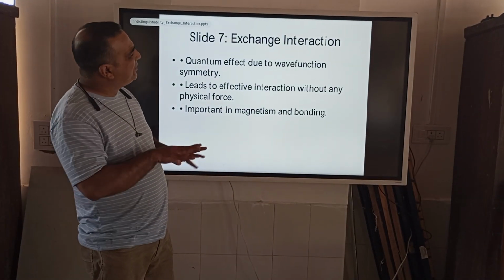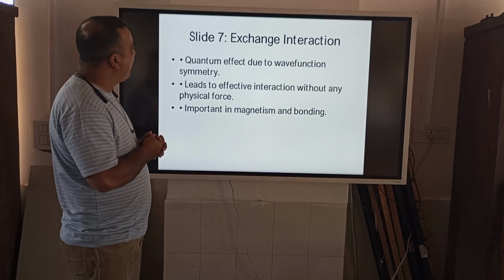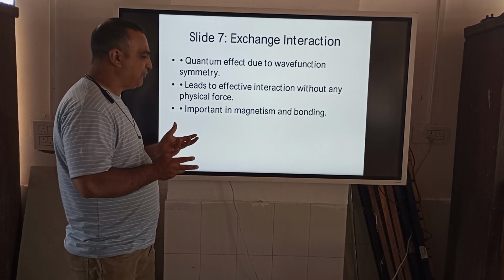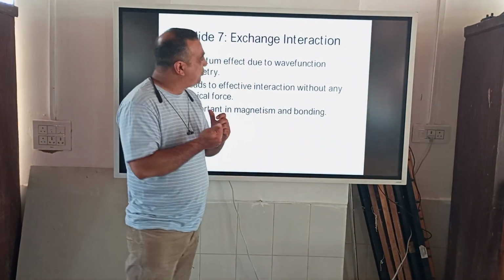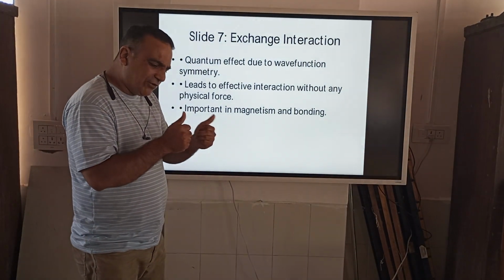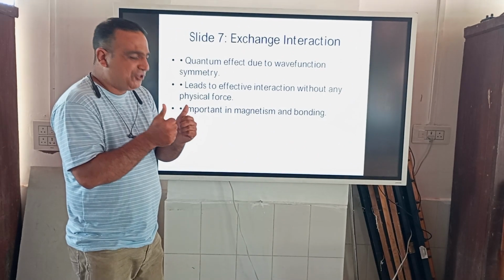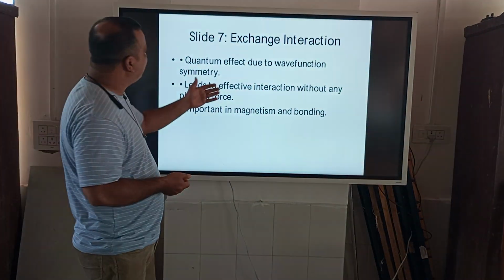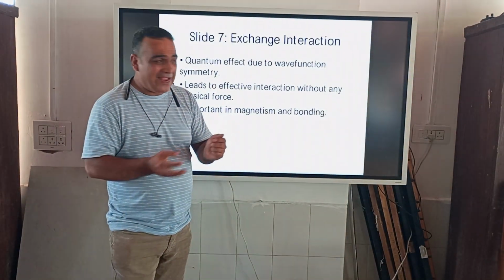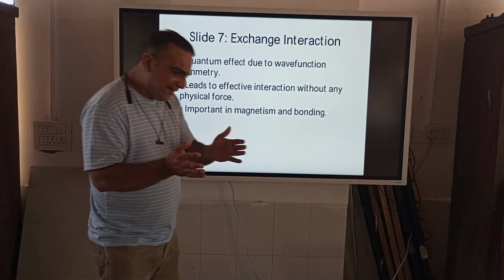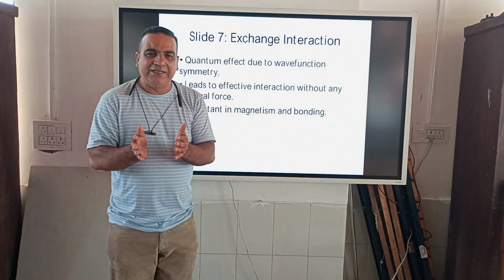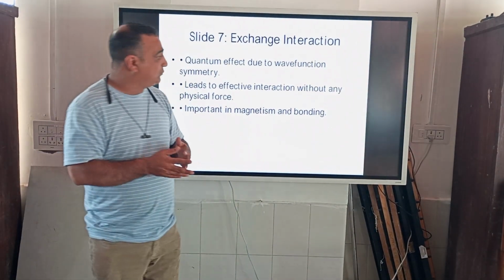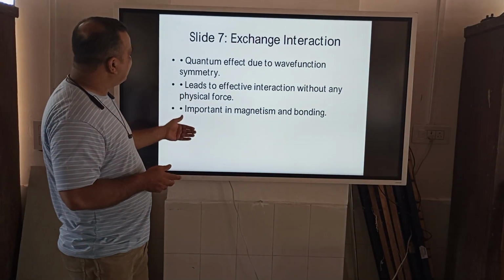Now, talking about the exchange interaction, what we have is a quantum effect due to wave function symmetry. So when you have an interaction, this interaction has an exchange. This exchange can be identified using the symmetry of the wave function. As I said before, this exchange can lead us to bosons, and this exchange can lead us to fermions. So what's happening here?